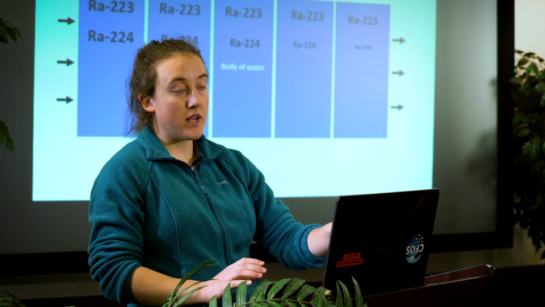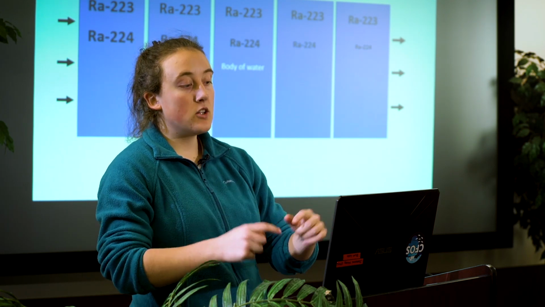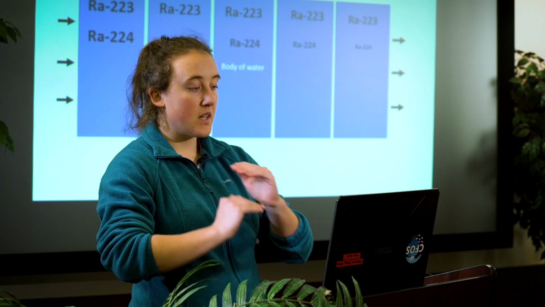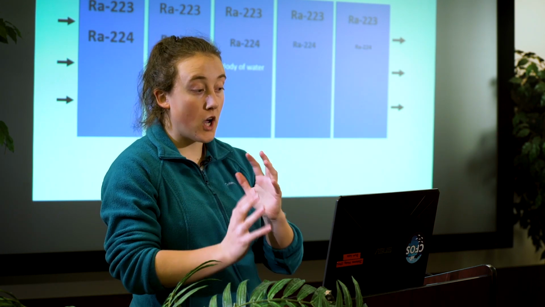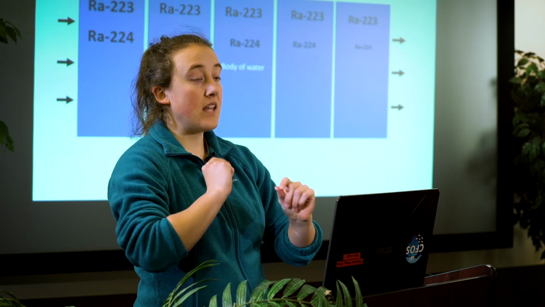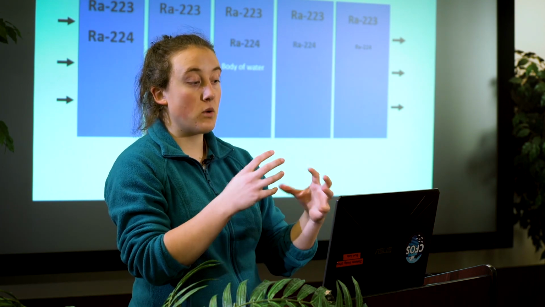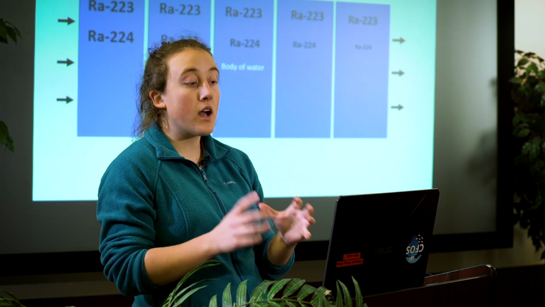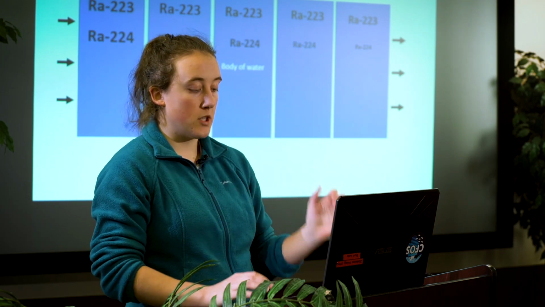But because both my radium 223 and 224 are diluted the same way, I can use the ratio of radium 223 to 224, and see as time goes on how that changes. Because I know the decay rate of these radium isotopes, I can figure out how long it's been since that parcel of water left my land-ocean boundary.